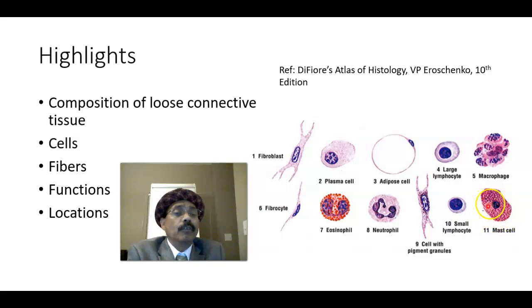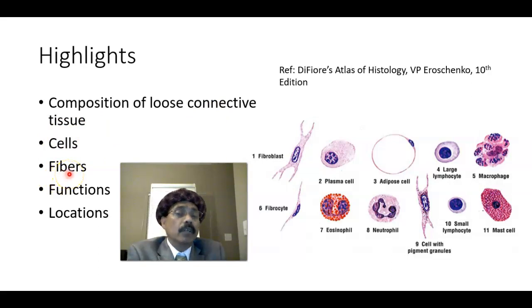It also releases platelet activating factors. This is the macrophage. It has phagocytic functions. This is the loose connective tissue. These are the cells. And the loose connective tissue may also contain other blood cells depending on the inflammatory condition.